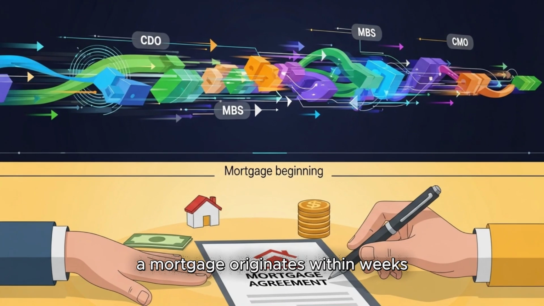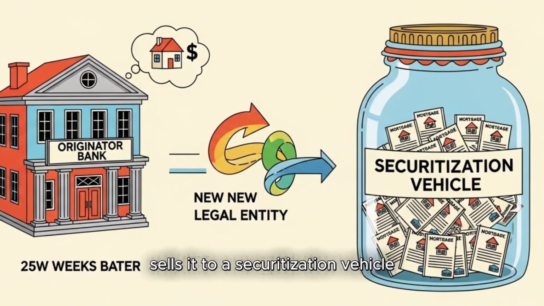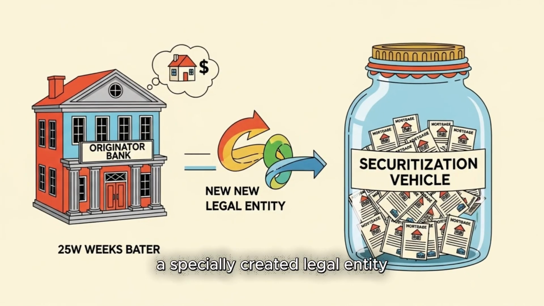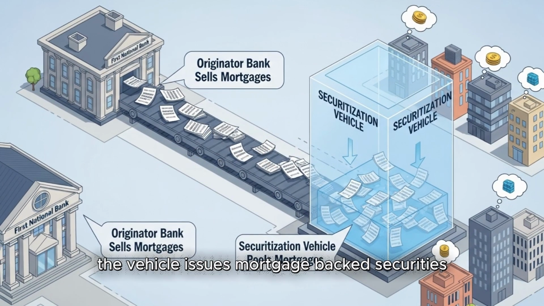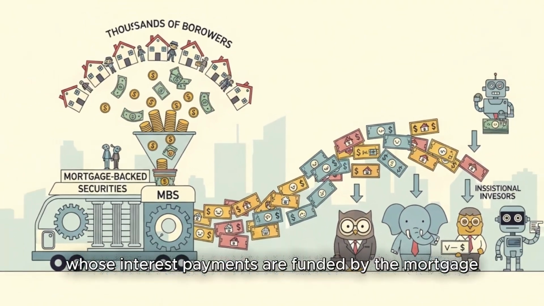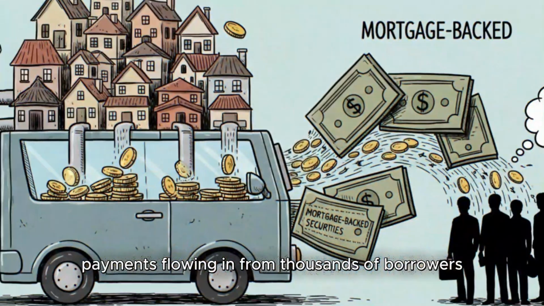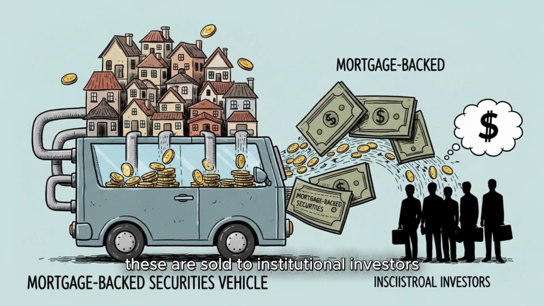A mortgage originates. Within weeks, the originating bank sells it to a securitization vehicle, a specially created legal entity that pools thousands of similar mortgages. The vehicle issues mortgage-backed securities, bonds whose interest payments are funded by the mortgage payments flowing in from thousands of borrowers. These are sold to institutional investors.